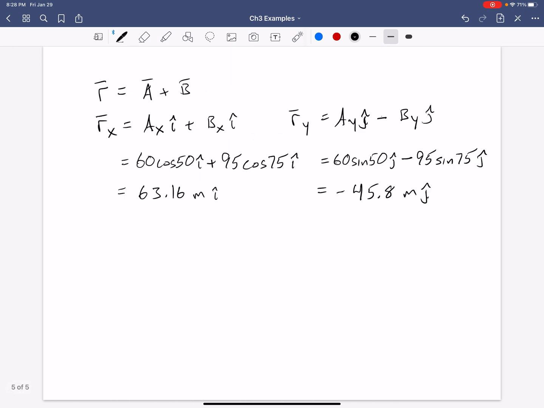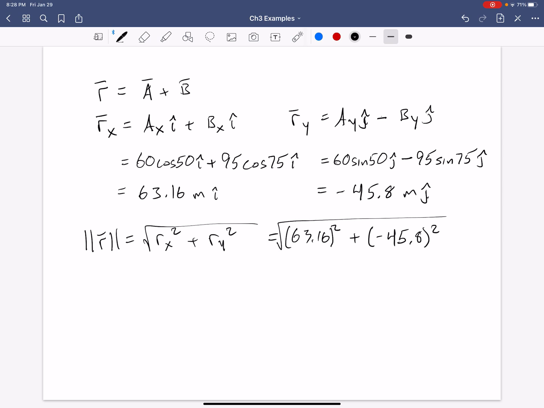We're almost there. We have magnitudes for both the x and y components of R, and now we just need to find the magnitude of R. All right, again, from the Pythagorean theorem, we have 63.16 squared, quantity, plus the negative 45.8 quantity squared, all square root, and we should get approximately, if my math was right at least, 78.02 meters.